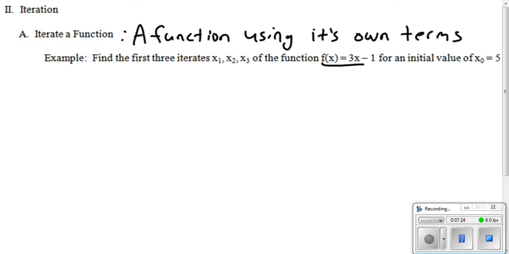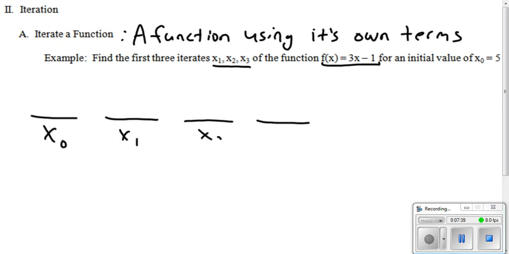If we are given our function notation, and we start with our x sub 0, and we want to find our first 3 iterates, x sub 1, x sub 2, and x sub 3, and we know that x sub 0 equals 5.